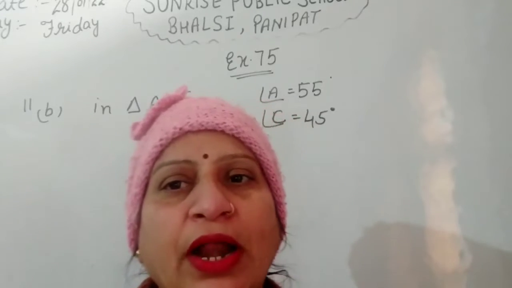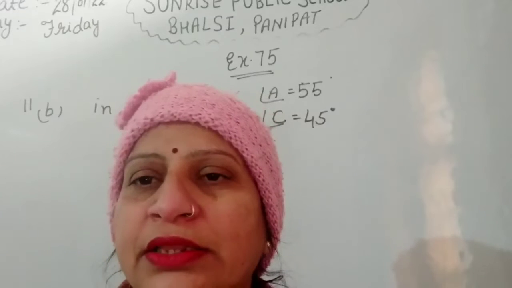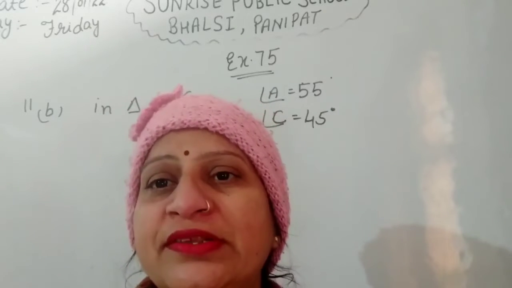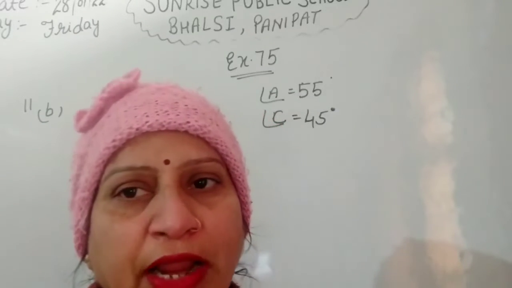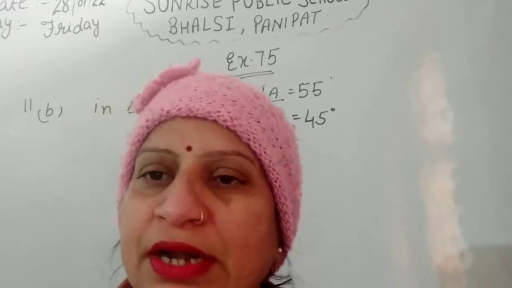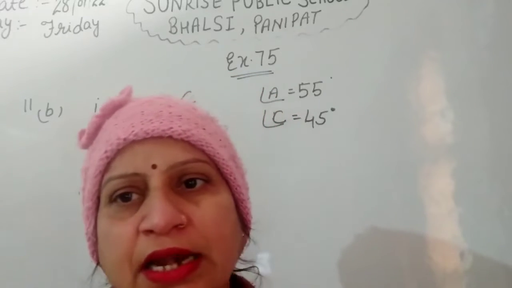Firstly we find the third angle, and when we get it, according to these three angles we find whether the triangle is equilateral, isosceles or scalene.